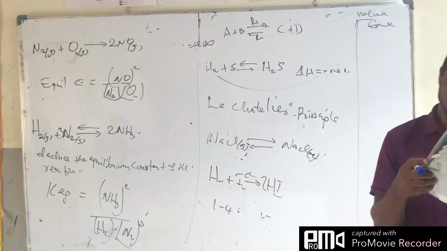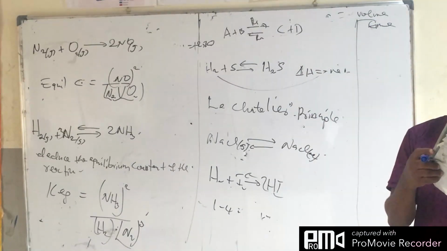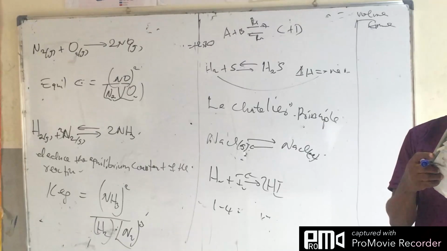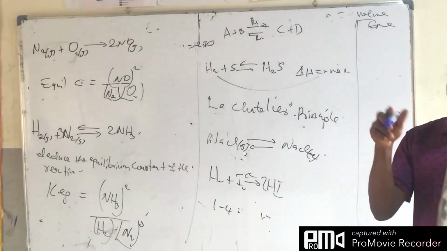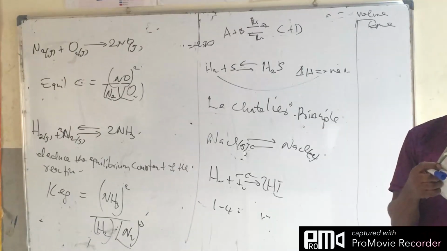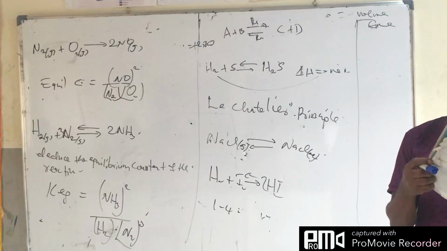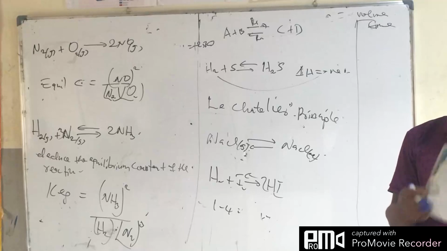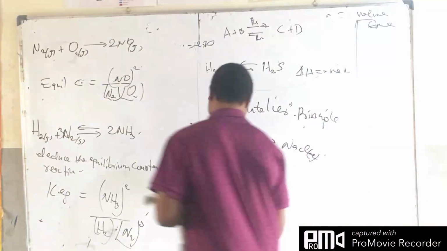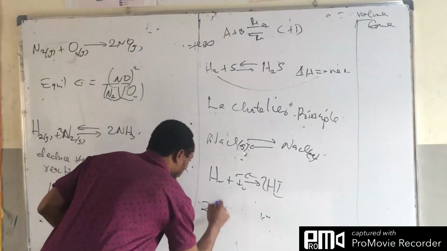Option C, 2O2... 2O3, please. Make it 2O3, then arrow, 3O2. It's also a gas.